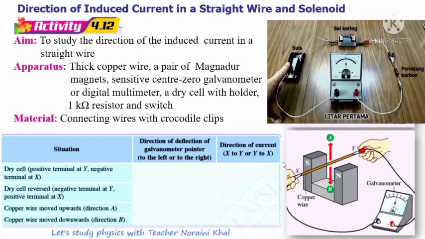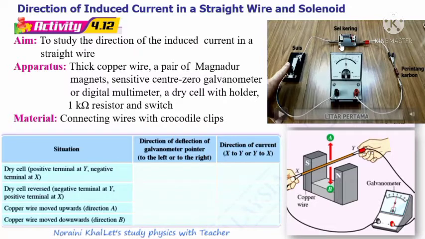Before we discuss induction caused by the copper rod, let's understand the deflection of the galvanometer once it is connected in the circuit. If you look here, this is a zero-centered galvanometer connected to a dry cell.